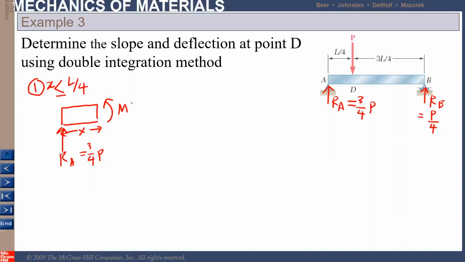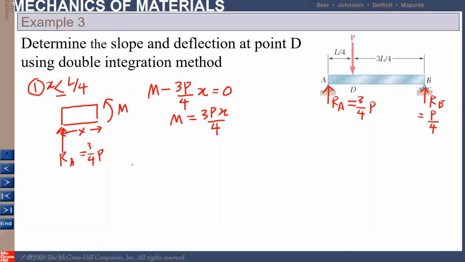We can solve for the moment: M minus 3P over 4 times x is equal to 0. Then our M is equal to 3Px over 4.